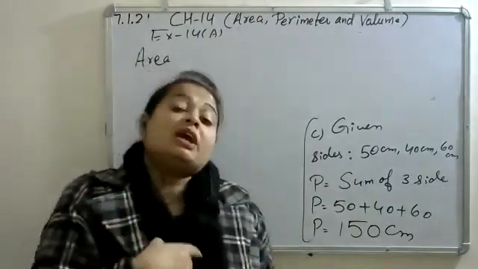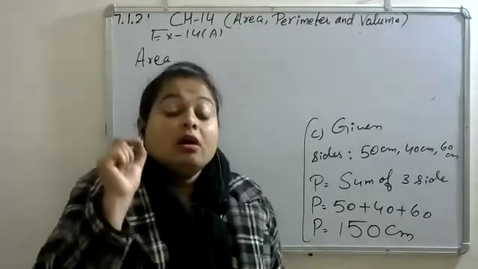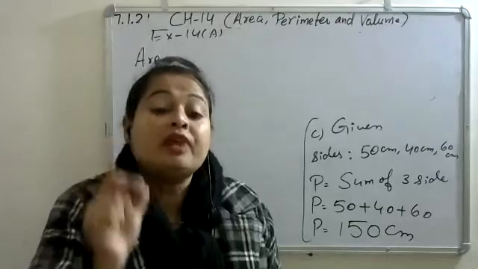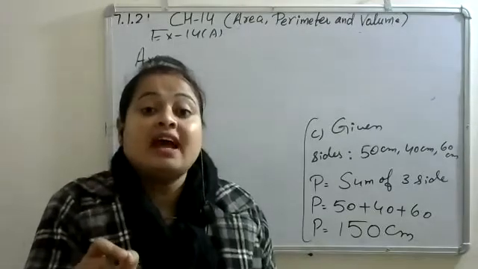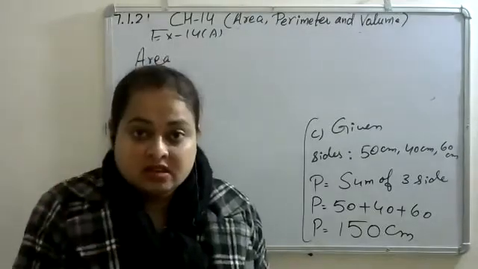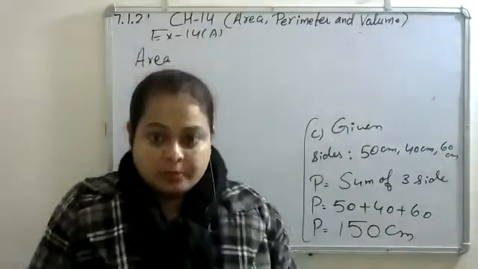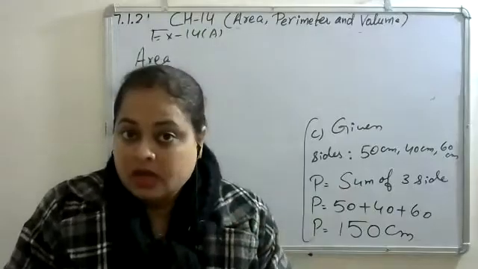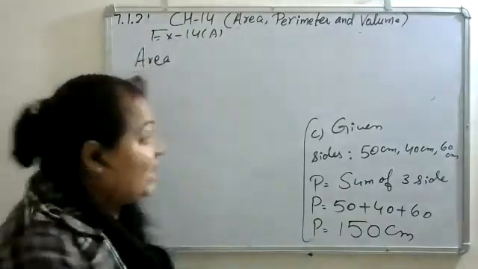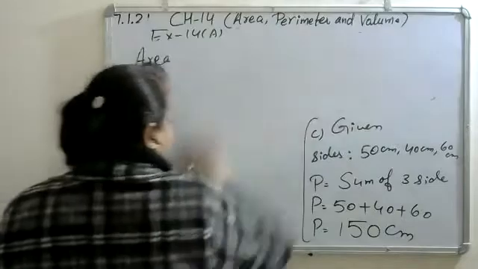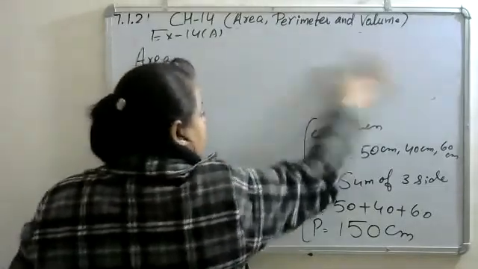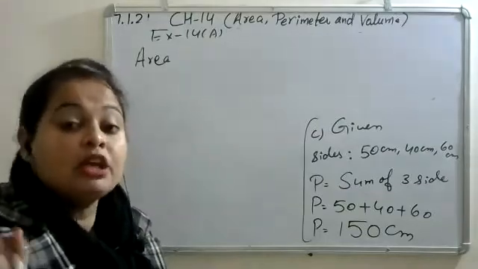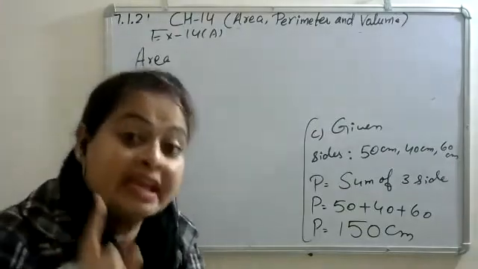So in the exam, read the question very carefully to check वो आपसे क्या पूछ रहा है. अगर वो outer boundary पूछेगा, then you will apply the concept of perimeter. But if the question is based on this inner portion, then you will not apply perimeter, you will apply the concept of area.